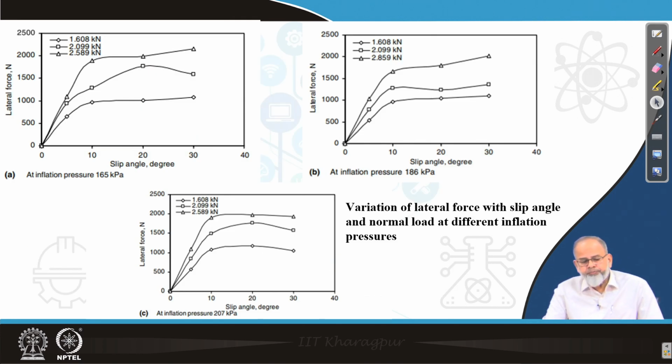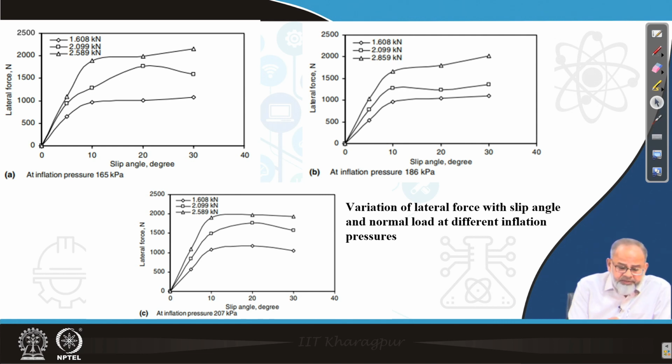Now, when you plot the lateral force versus slip angle for these conditions which I just told, you can see that lateral force is increasing at a faster rate, then it is slowing down, and thereafter somewhere it is increasing, somewhere it is going down.